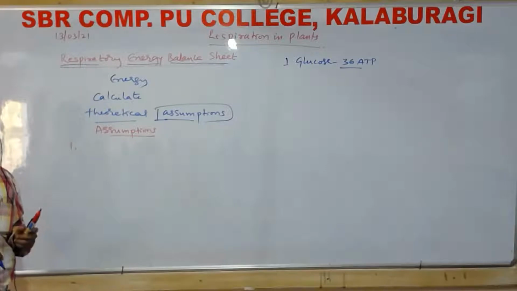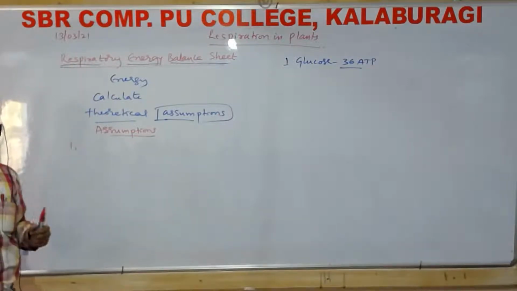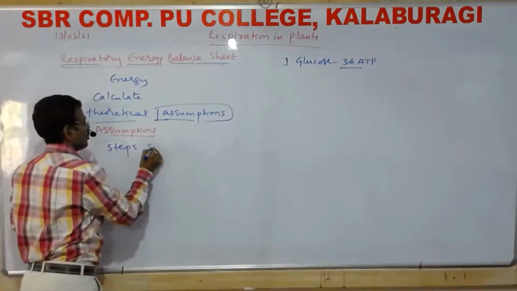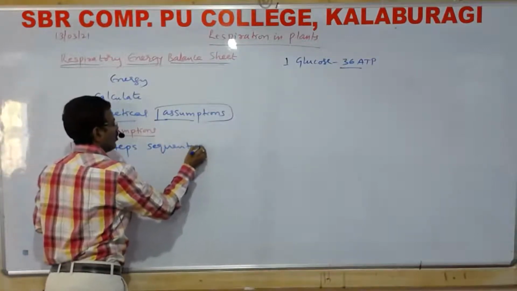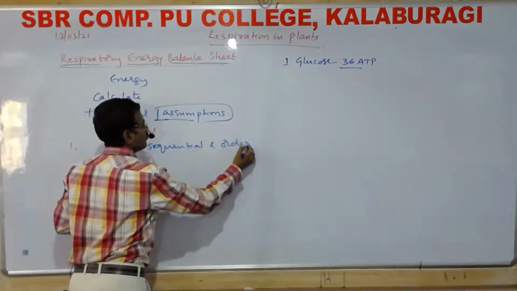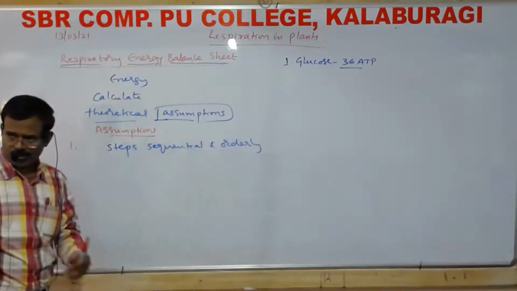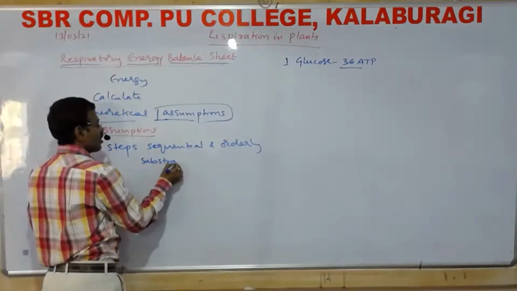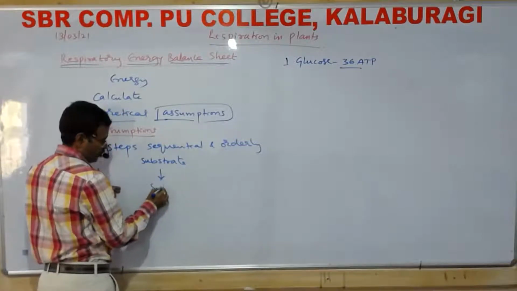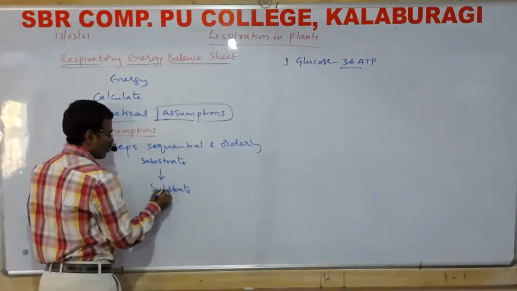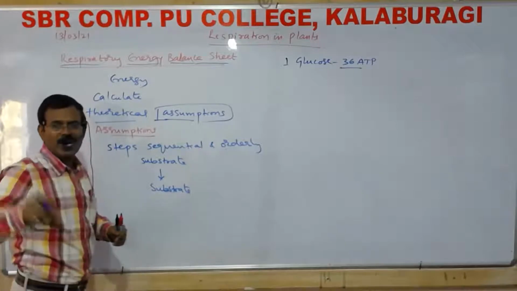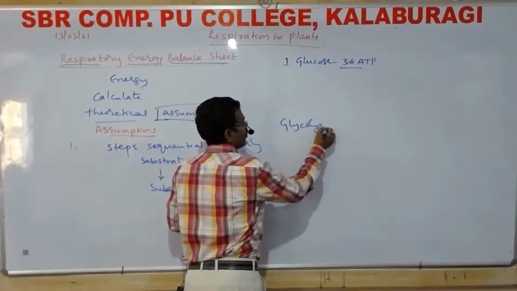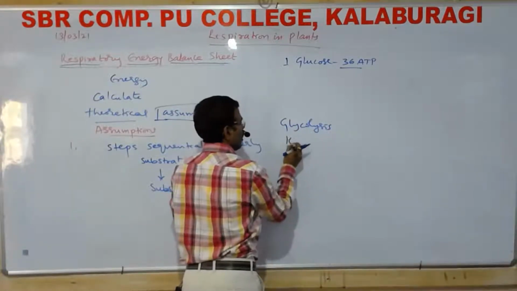Listen. We have sequential steps in respiration. The steps are sequential and orderly. It means one substrate is converted into another substrate, or another compound, whatever it is. We have mainly 3 steps. One is glycolysis. The second one is Krebs cycle.